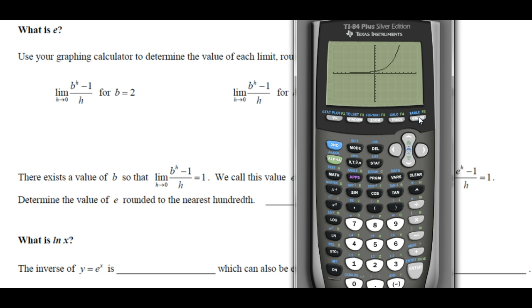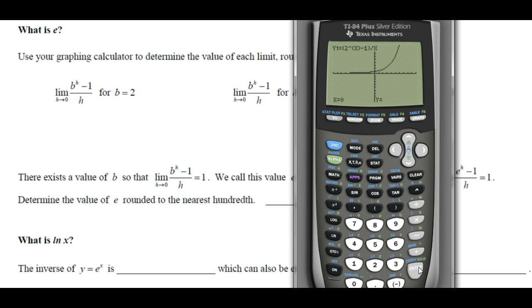And we want to know what happens. So we could go second calc value 0, and what's going to happen? Well, you don't get an answer because you're trying to divide by 0, and you can't do that. But we can look at values close.